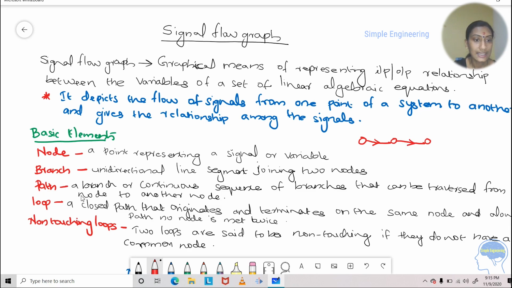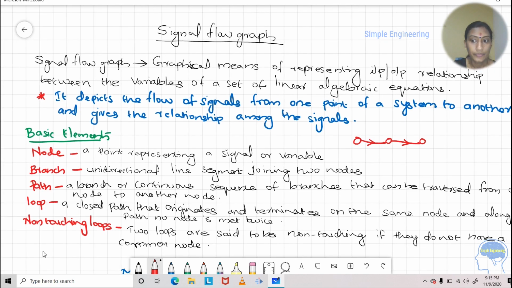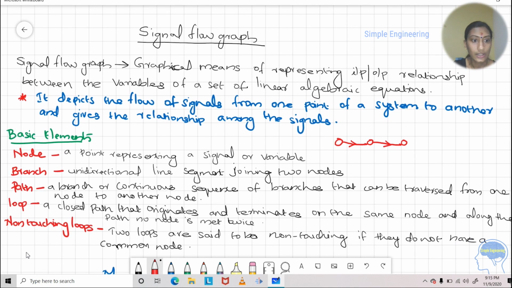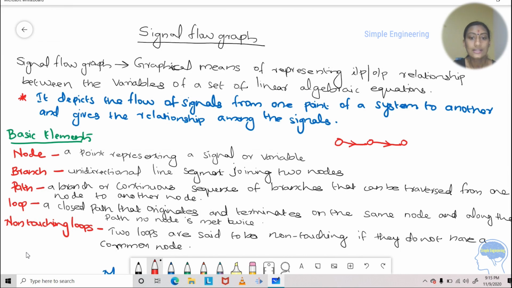Next is path, that is a branch or continuous sequence of branches that can be traversed from one node to another node. So this is your sequence of branches. For example, these are the nodes.